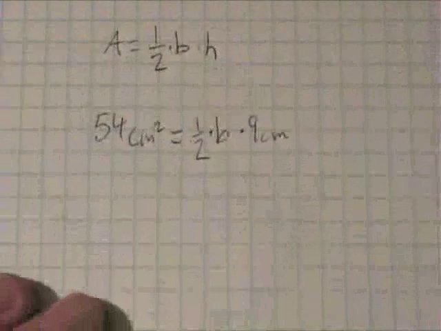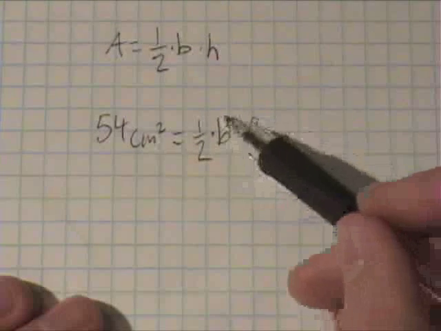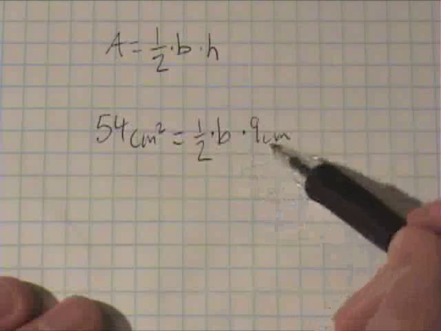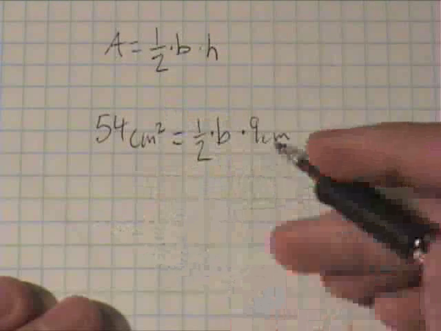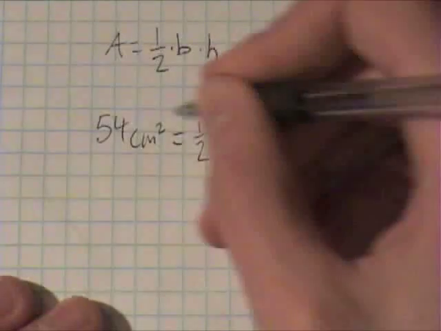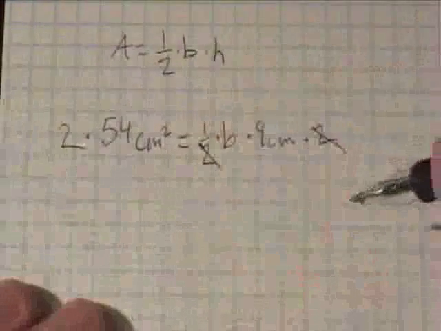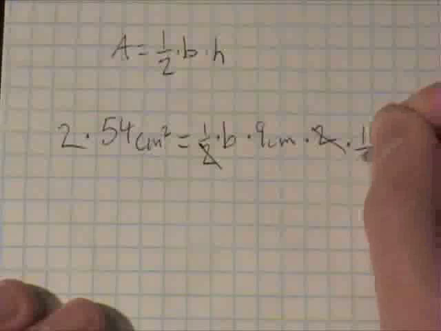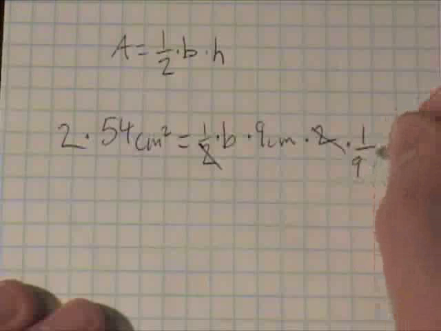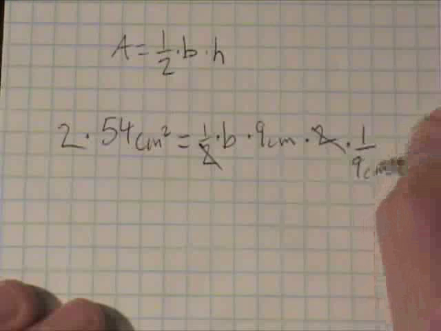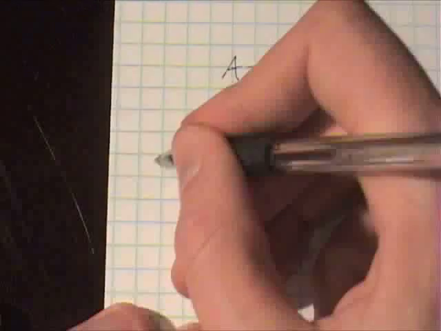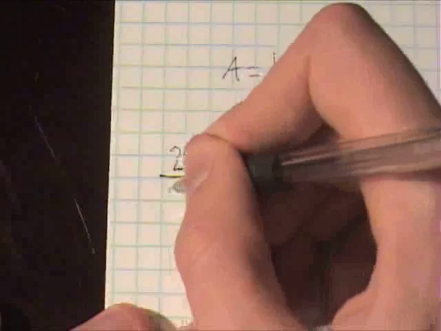So what are we going to do? We need to isolate this B by itself. So first thing is multiply both sides by 2, and that's going to cancel out with this. We'll get rid of that. Then also divide by 9 centimeters.